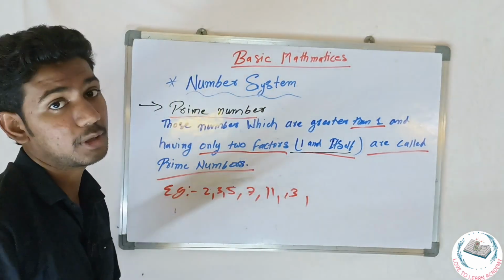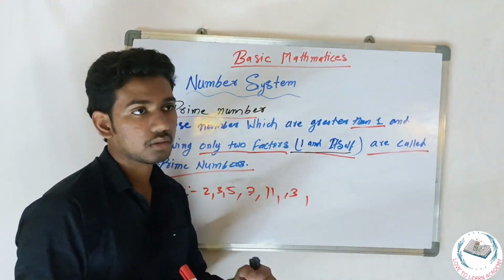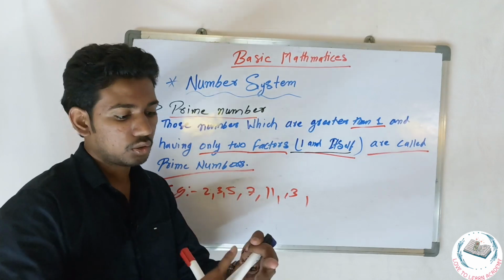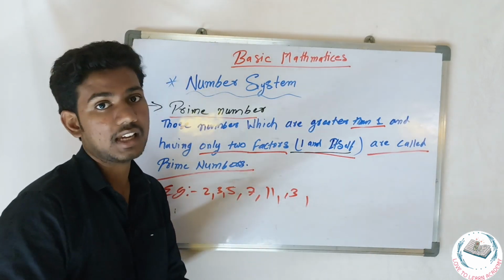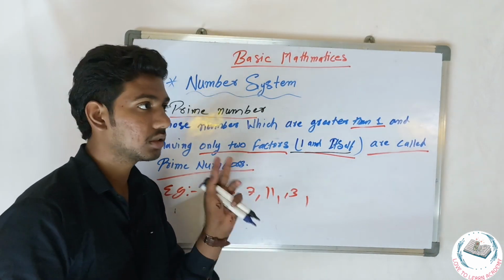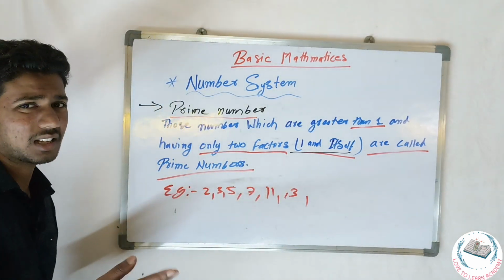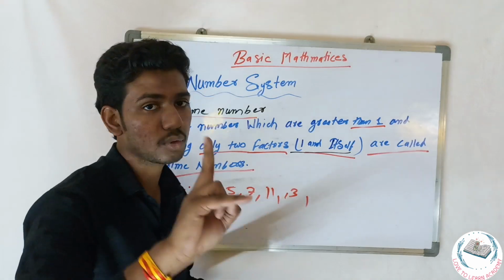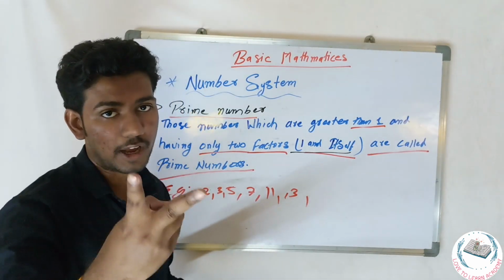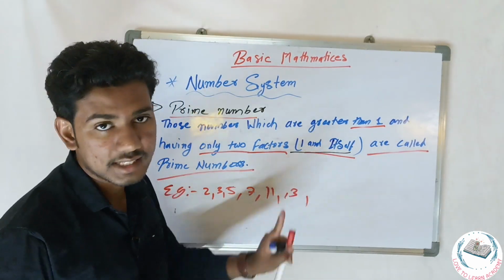If you talk about 15, it is divisible by 1, 3, 5 and 15. So it has 4 factors, but we want 2 factors only, 1 and itself.